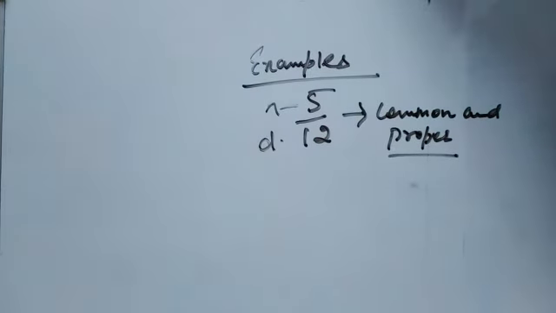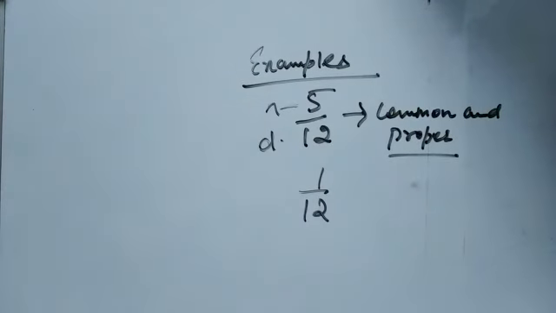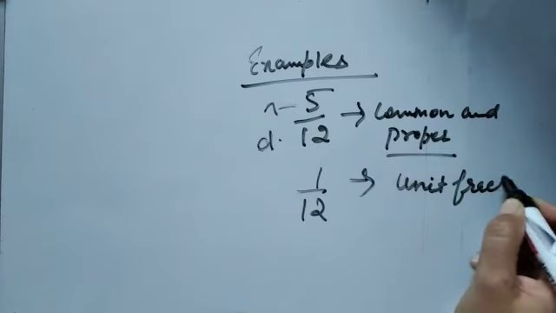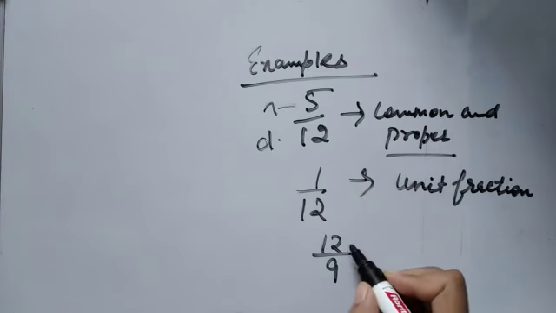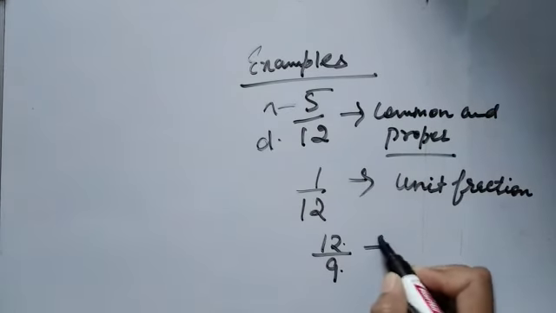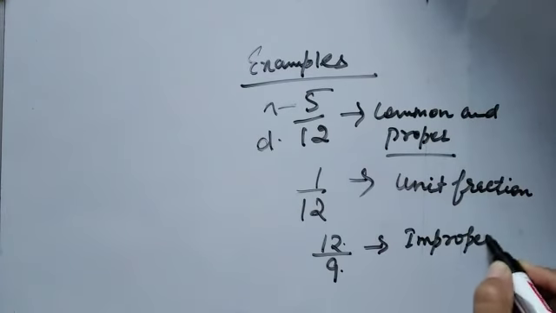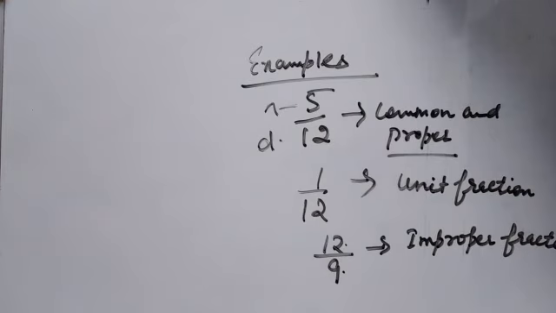It's a common and a proper fraction. 1 by 12. 1 by 12 is a unit fraction. 12 by 9, numerator is greater than denominator, so it's an improper fraction.